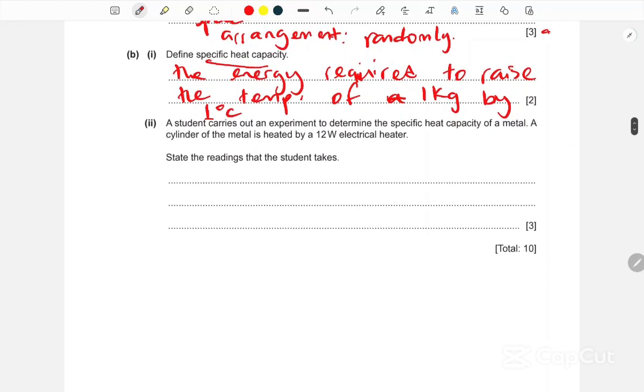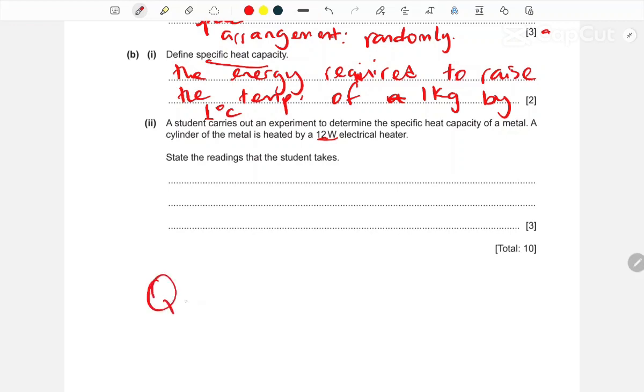Part 2. A student carries out an experiment to determine the specific heat capacity of a metal. A cylinder of metal is heated by a 12-watt electrical heater. State the readings that the student takes. So to determine which measurement the student takes, first let's look at the formula.